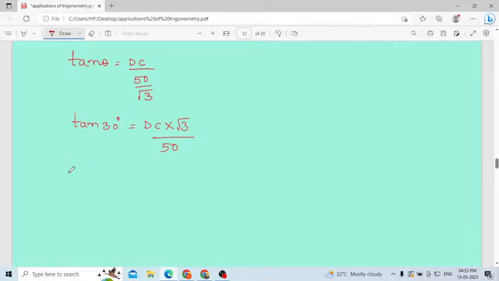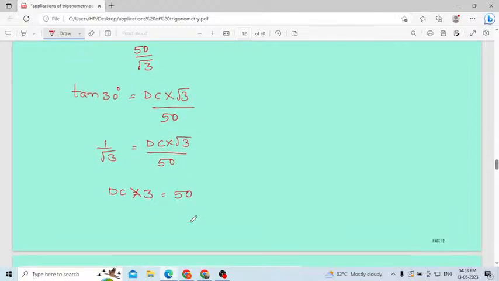Tan 30 degree, its value is 1 by root 3. It will be equal to DC into root 3 divided by 50. Then solve here, cross multiply: DC into 3 will be equal to 50.